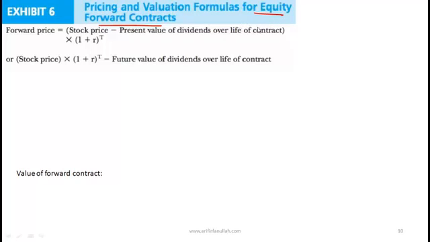But most stocks pay a dividend. So if there is a dividend, how do we deal with that? I'm going to again give a formula and then explain the logic and do an example.